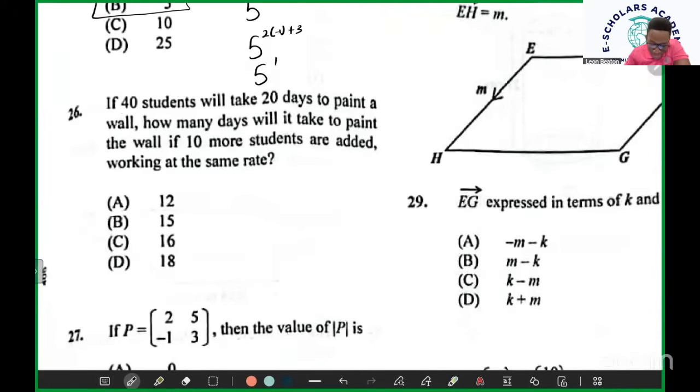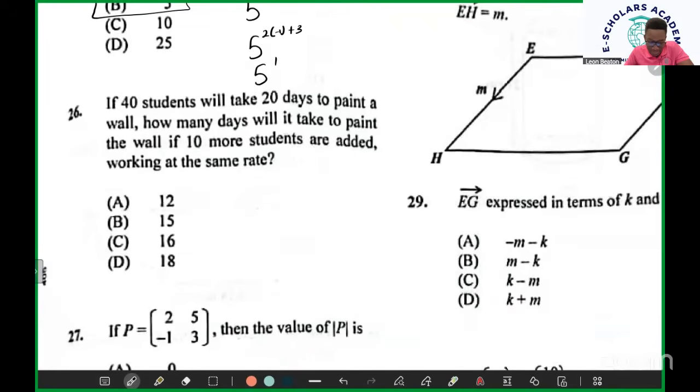So let's go. If 40 students take 20 days to paint a wall, how many days will it take to paint the wall if 10 more students are added working at the same rate?